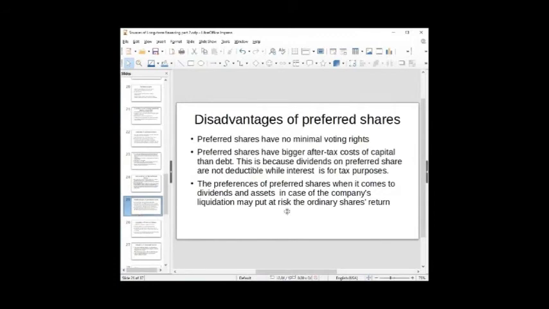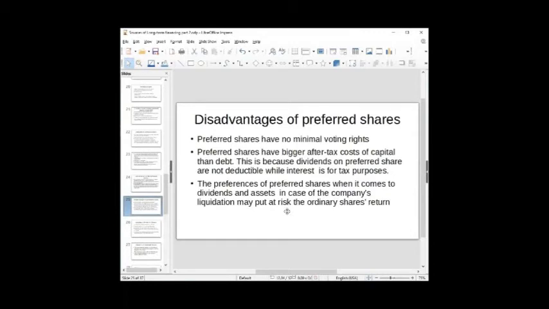So the disadvantages of preferred shares are: preferred shares have no voting rights, of course, as was mentioned a while ago. Preferred shares have a bigger after-tax cost of capital than debt. This is because dividends on preferred shares are not deductible, while interest is deductible for tax purposes.